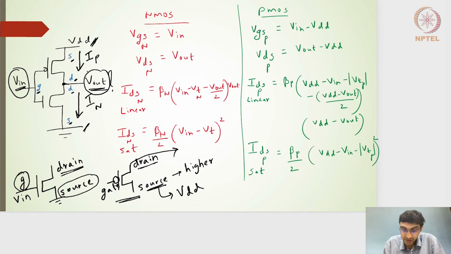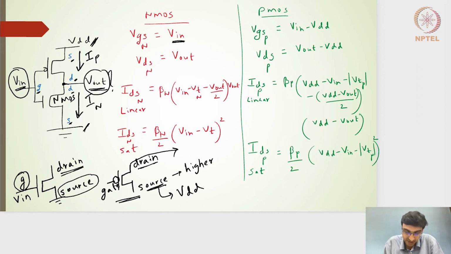So if I'm picking the NMOS, this is my NMOS transistor. VGS, in terms of the variable V input, is nothing but V input. And VDS, in terms of the variable V output, is V output minus the ground rail, which is nothing but V output.